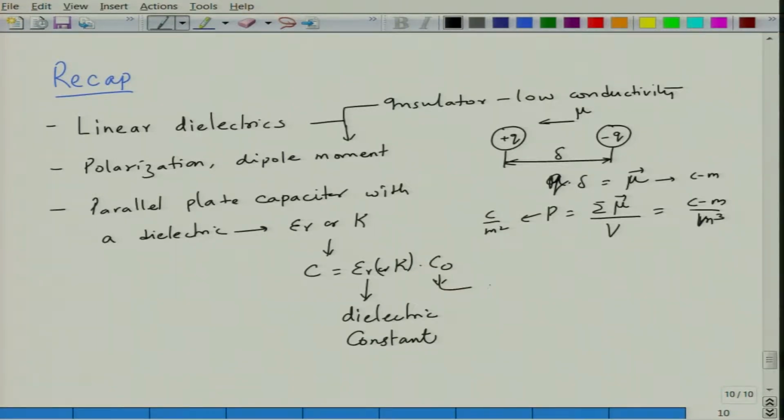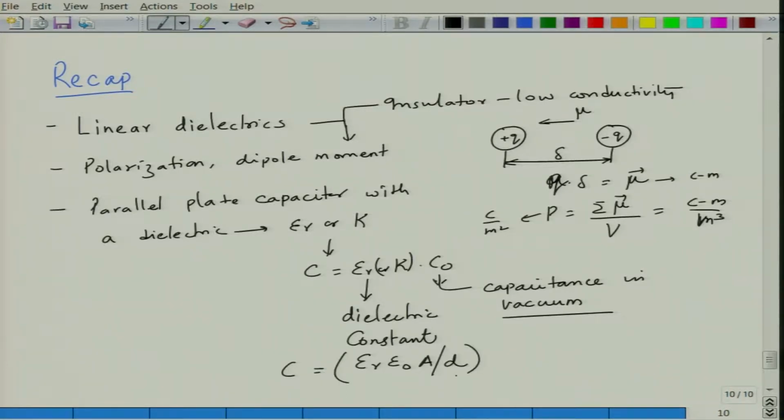So C is equal to epsilon r epsilon naught A over d, and you can also write this with kappa. It's a choice that we make sometimes.